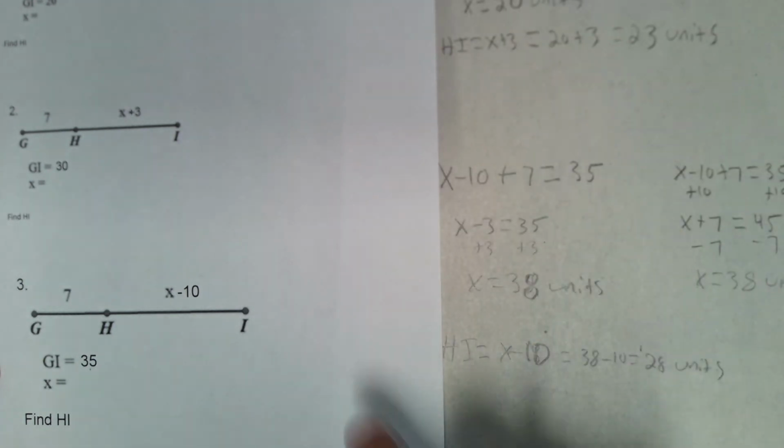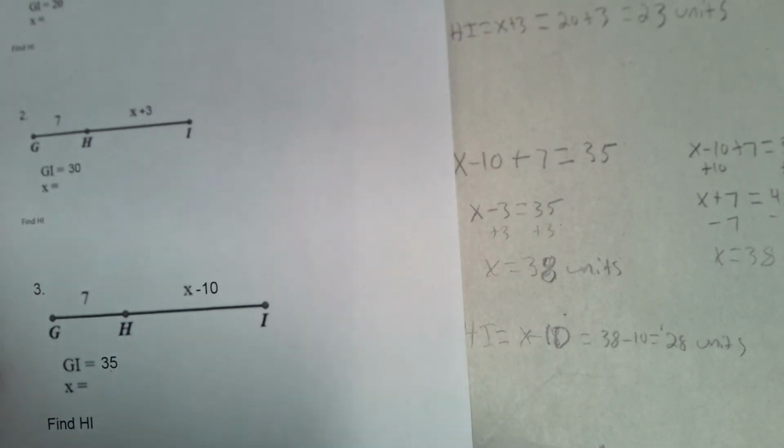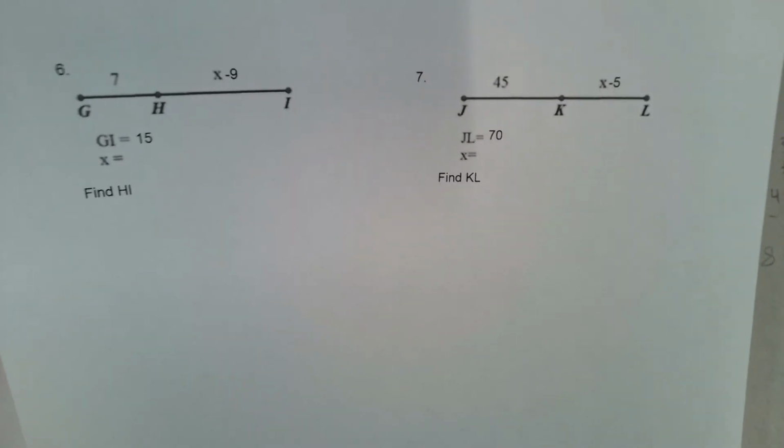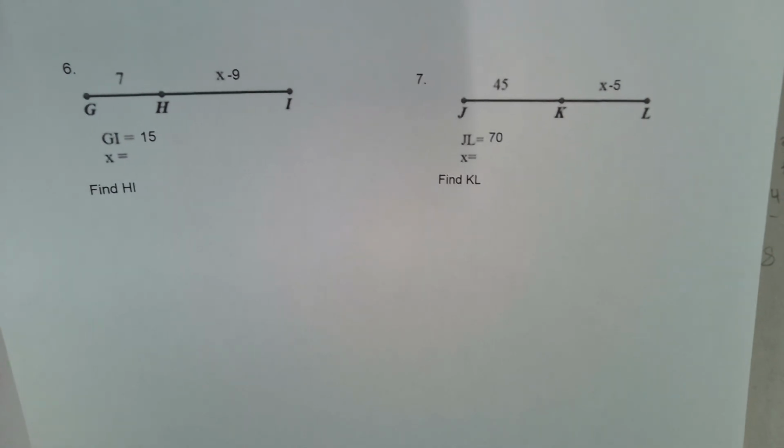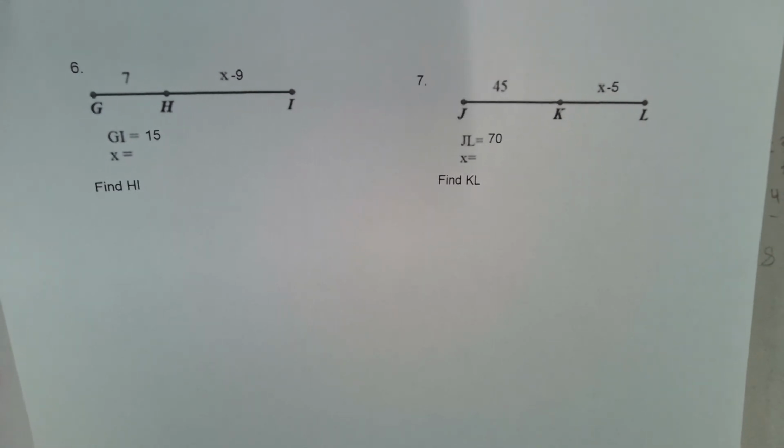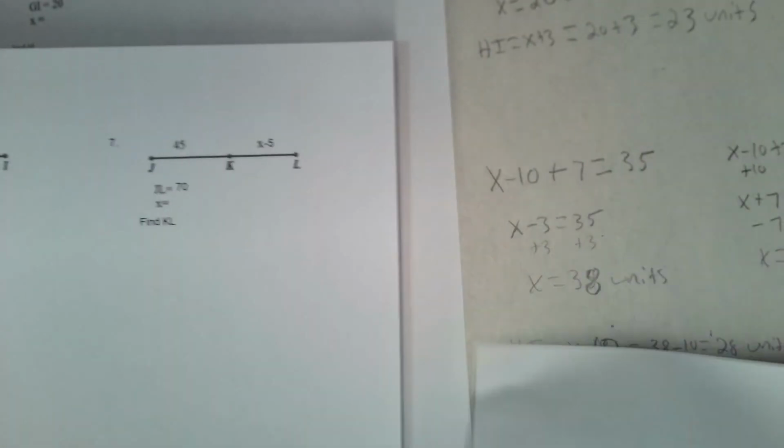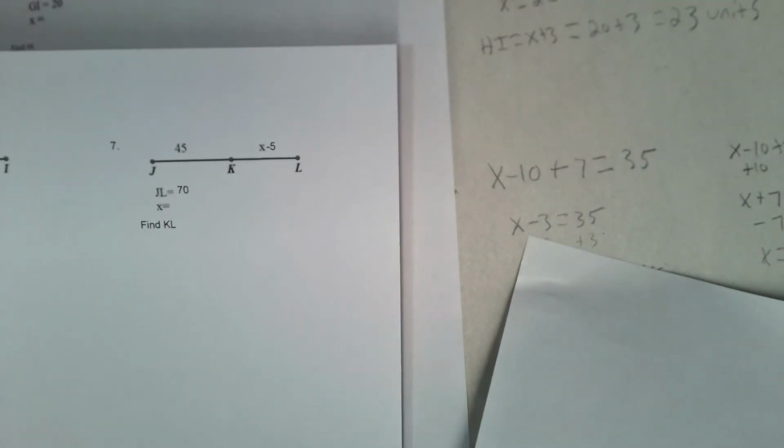All right, so go ahead and do numbers 6 and 7, which is going to be pretty much exactly the same thing. Watch your negatives. Okay, if you do it this way, one of these will get you a negative number. The other one gets you a positive number.